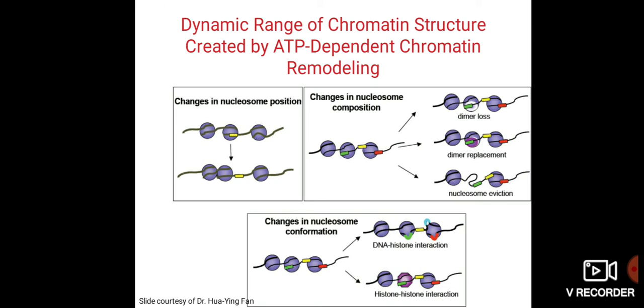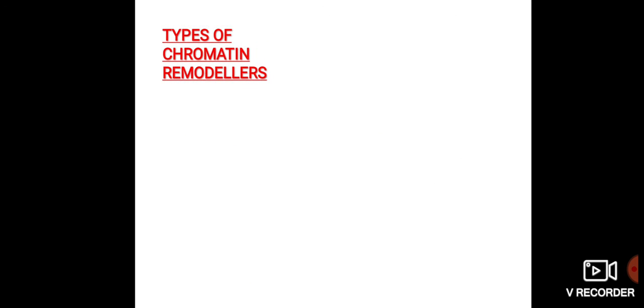The distance between the nucleosomes will increase, and somewhere the distance between the nucleosomes can decrease. So many things happen. So we'll stop here. We'll see about the types of remodelers and how remodelers are going to work in the next coming class, next videos.